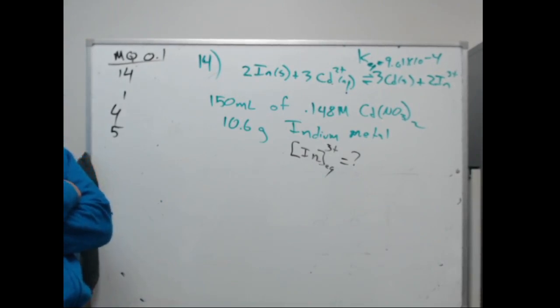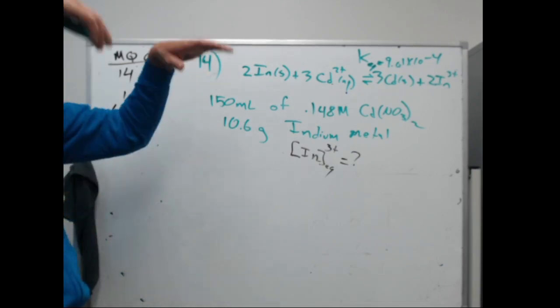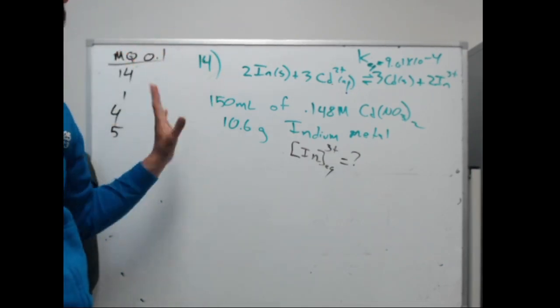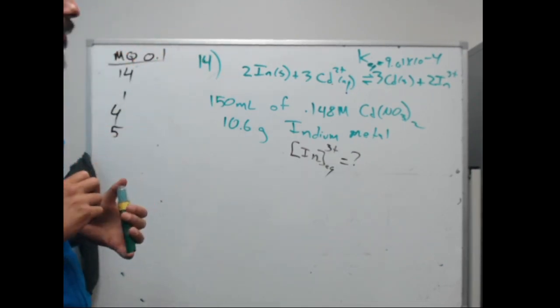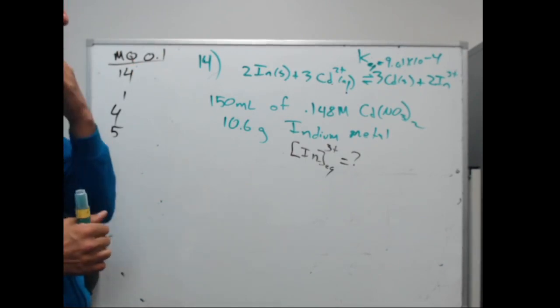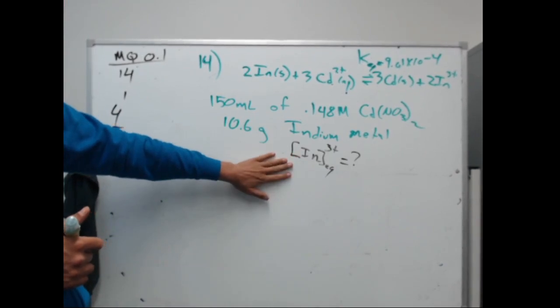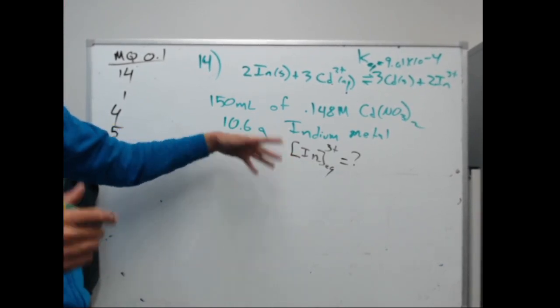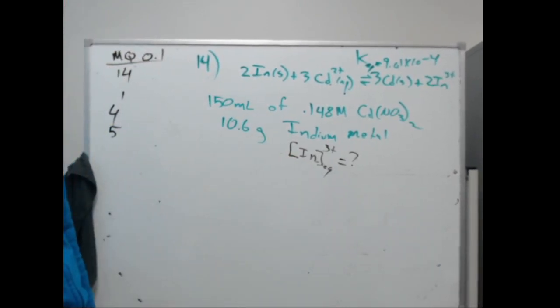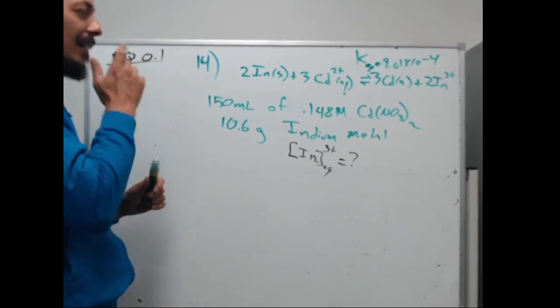Technically, we could go to standard reduction potentials, calculate E cell, blah, blah, blah, but we're given a K value. We don't need to do that. We just need to set up, I'm looking at initial information given, equilibrium question. That's going to be an equilibrium table, right? The fact that it gives me those things.